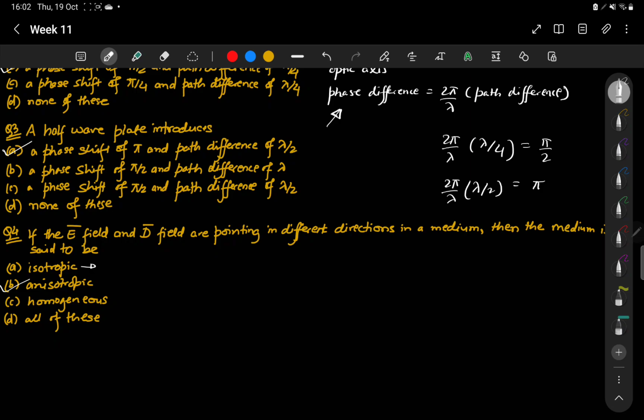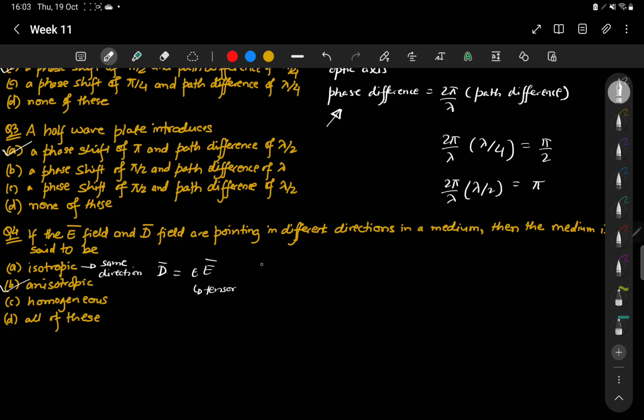For an isotropic medium, both E and D field vectors point in the same direction. And the relation between D and E vector is D is equal to epsilon E. And this epsilon, which is the relative permittivity, is a tensor.